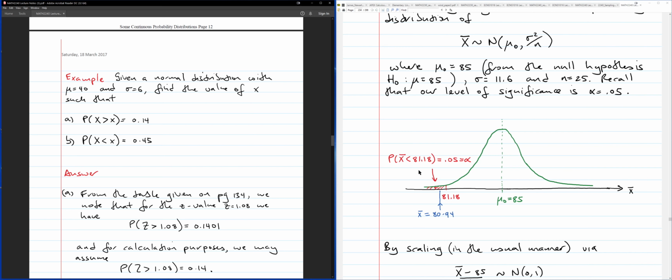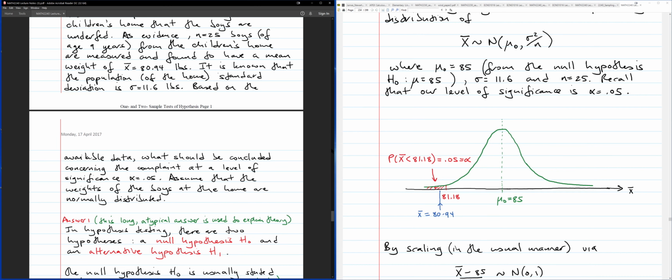So the probability of X bar being less than 81.18 is 0.05. You're using your level of significance, alpha equal to 0.05, to figure out the 81.18.